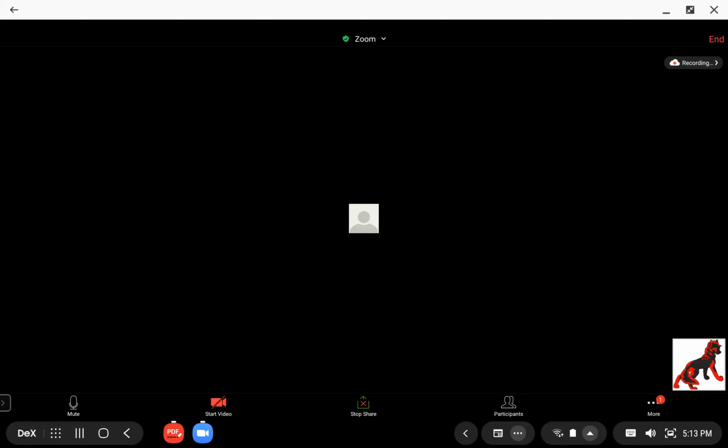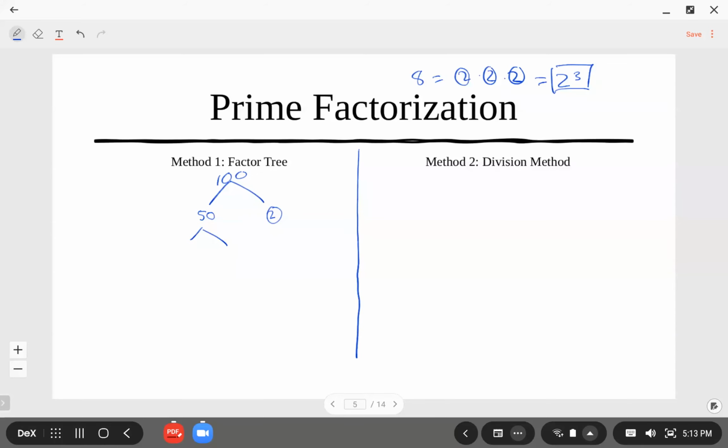Very good. So let's do that. 2 is another prime number, okay? So we circle that and we don't go from that anymore. And then we get 25.